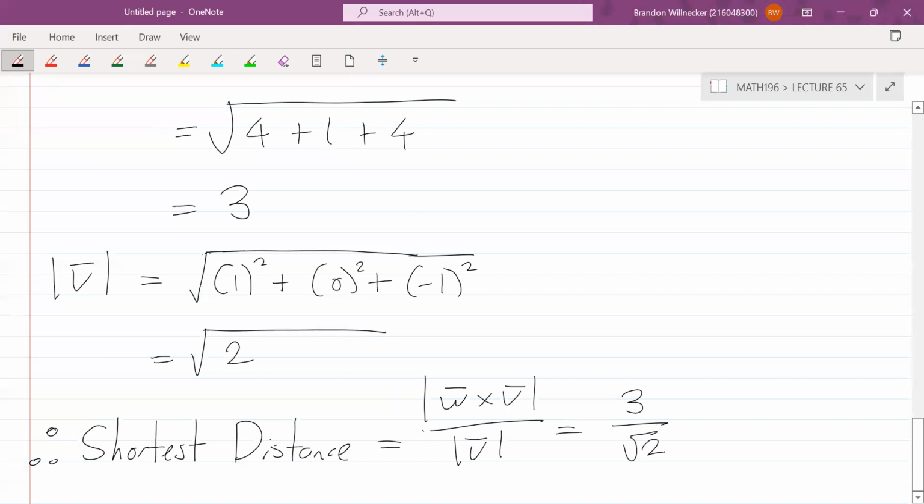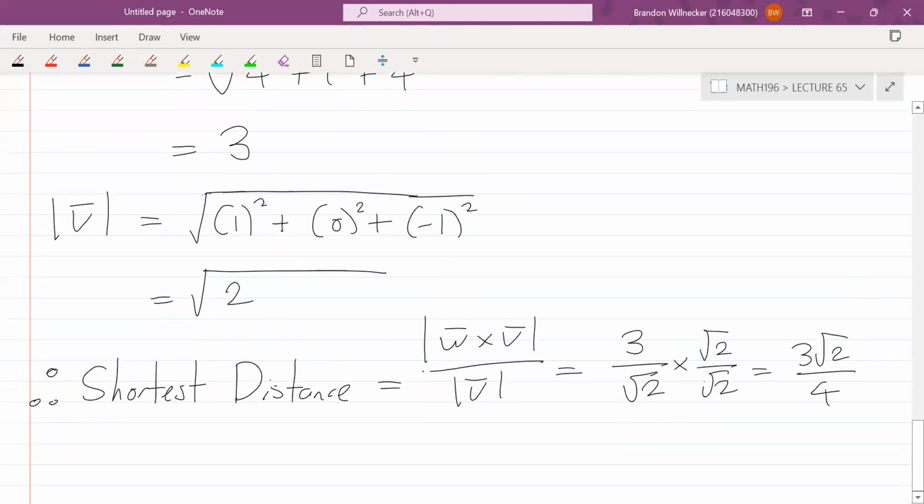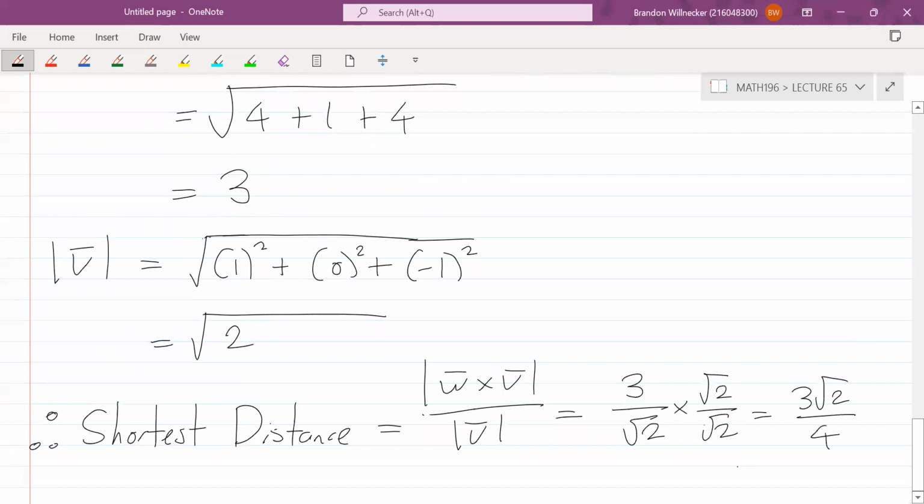You can rationalize the denominator if you want to, but you don't really need to. You could multiply by root 2 over root 2, and that would be 3 root 2 over 2. That's fine, but not necessary. So this gives us our shortest distance between the point and the line.